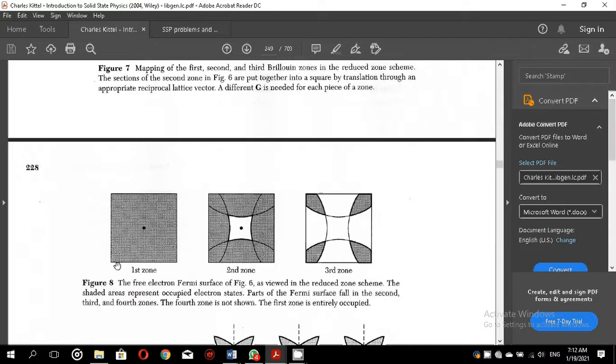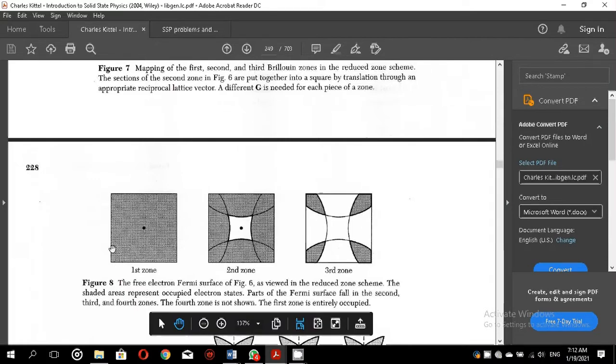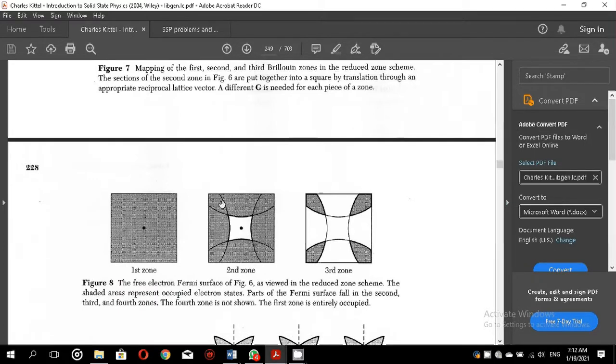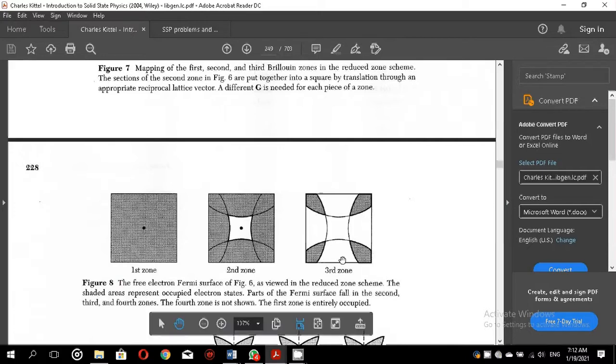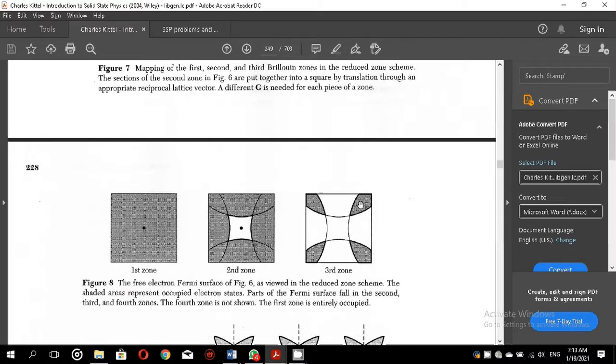In the first zone we have the continuous filling, but in the second zone we see that some part is filled, and in the third zone, but it is connected. In the third zone, these are the corner parts which come into the third zone of the Fermi sphere and as reduced into the first zone.